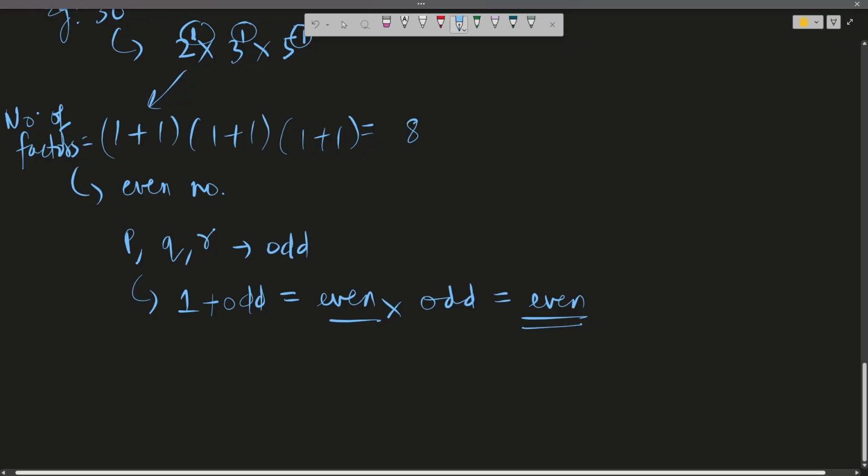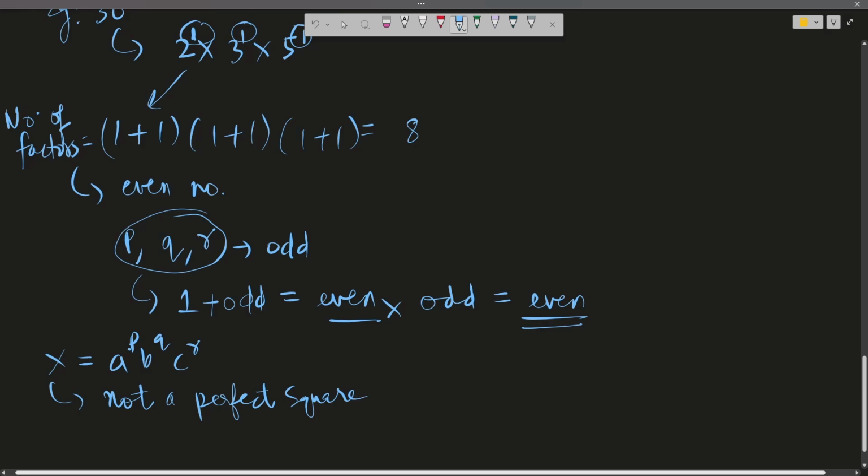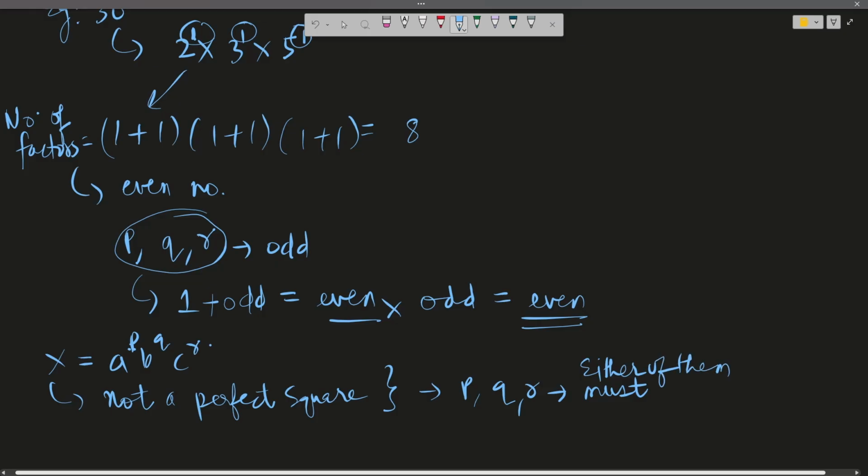So we can say that if the number x is expressed in the form of a to the power p into b to the power q into c to the power r, such that x is not a perfect square, in that case, either P, Q or R must be odd. Either one of them or all of them could be odd.